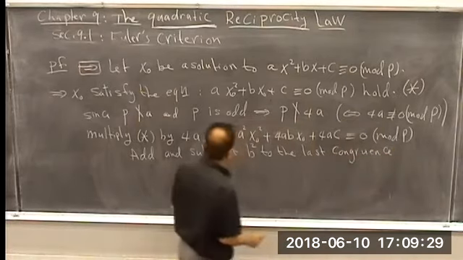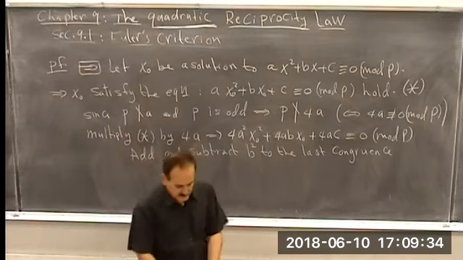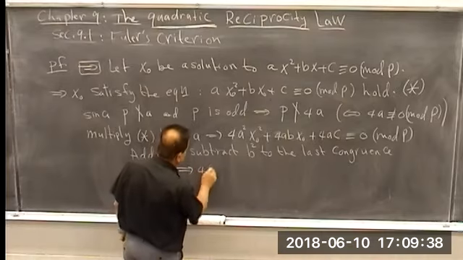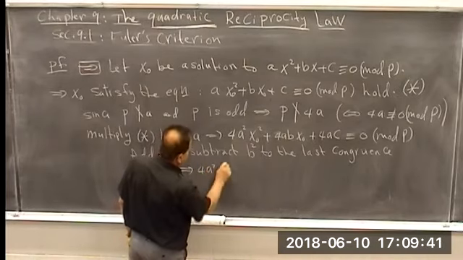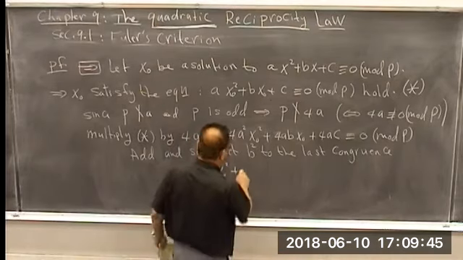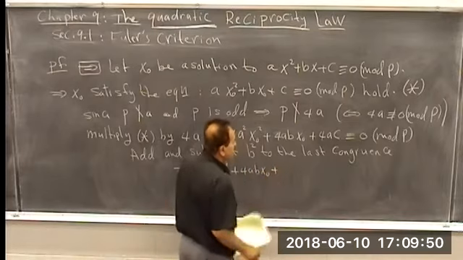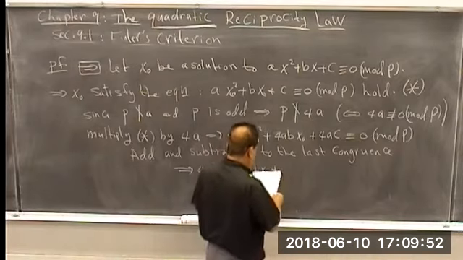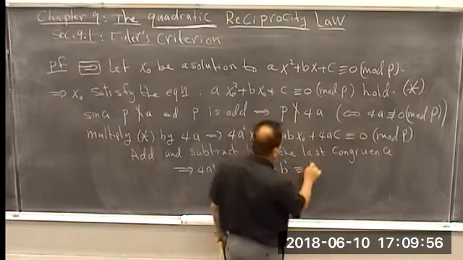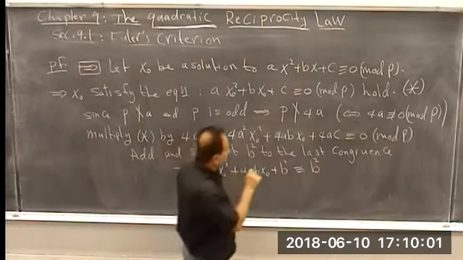And this would imply, upon rearranging the terms, 4a squared x sub 0 squared plus 4ab x sub 0 plus b squared. This is when we're adding, and then I'm going to subtract the b squared and take it to the other side of the congruence, minus 4ac.